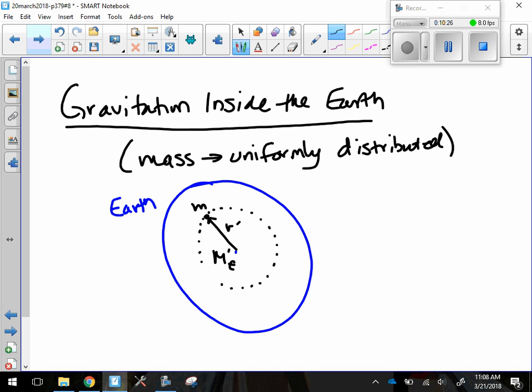So I'm calling the mass that's inside radius r prime M_E prime.